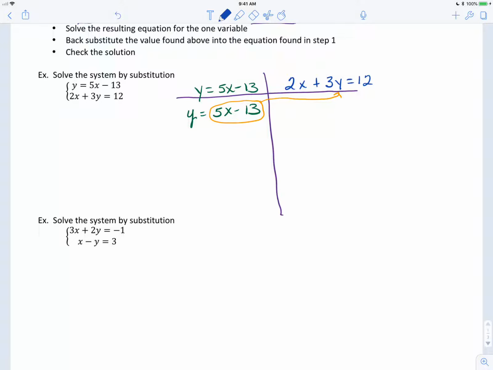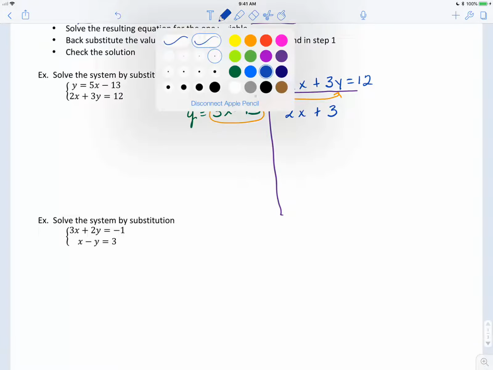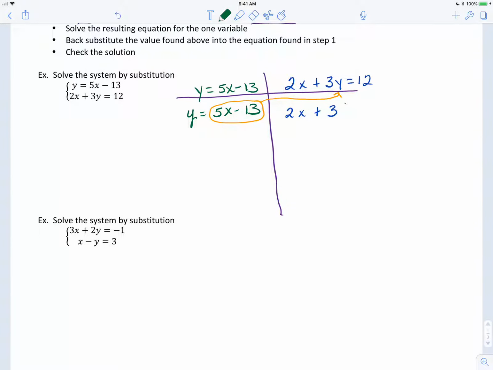So we're going to say 2x plus 3 times y, but we've now determined that y is 5x minus 13. And that is all equal to 12.